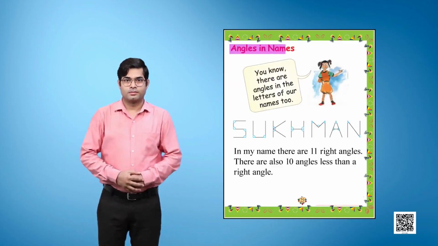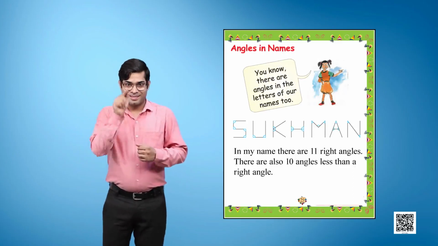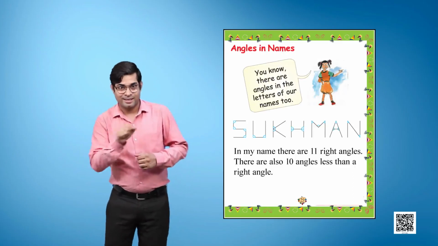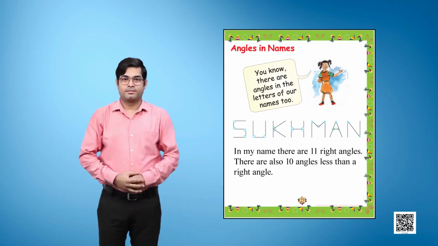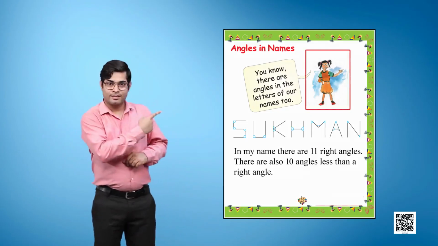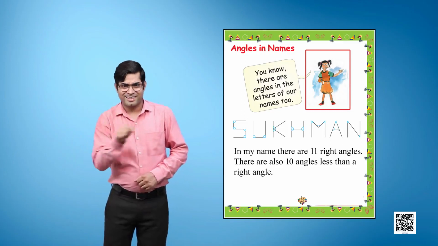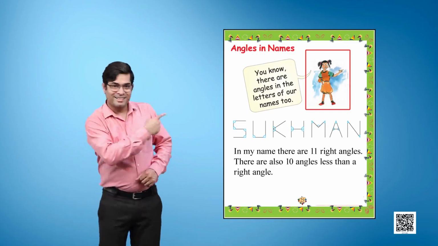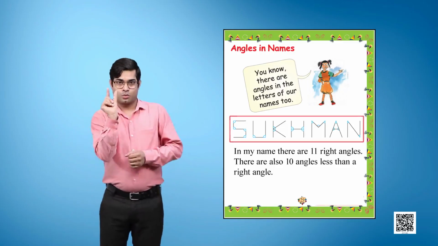Angles in names. A girl is seen in the picture with a name written beside her. The name reads Sukhman.